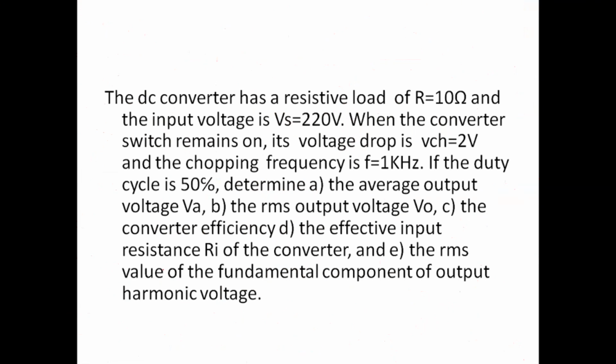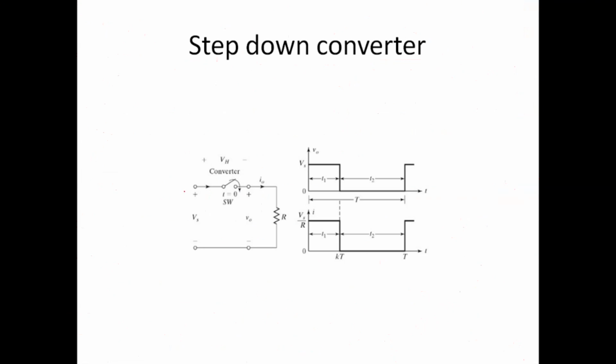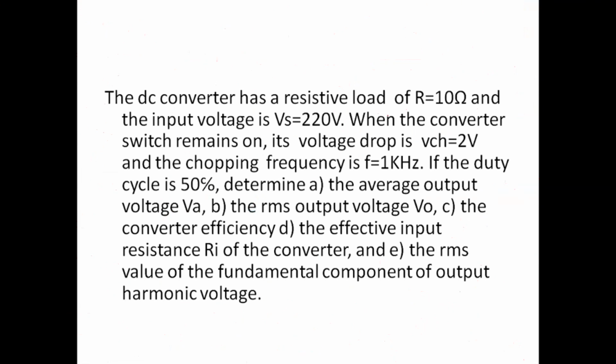Next, we will solve one problem on this DC to DC converter. It says the DC to DC converter has an R load of 10 ohms and input voltage is 220. So the voltage here is 220 and R is 10 ohm. Then when the converter switch remains on, its voltage drop is 2 volts.